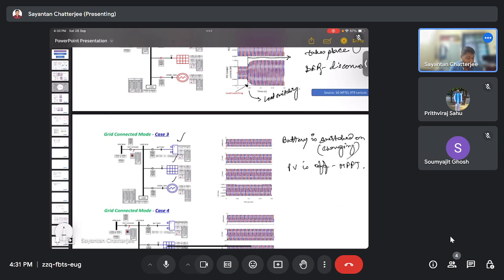Increase of MPPT. Diesel unit is delivering the voltage regulation.